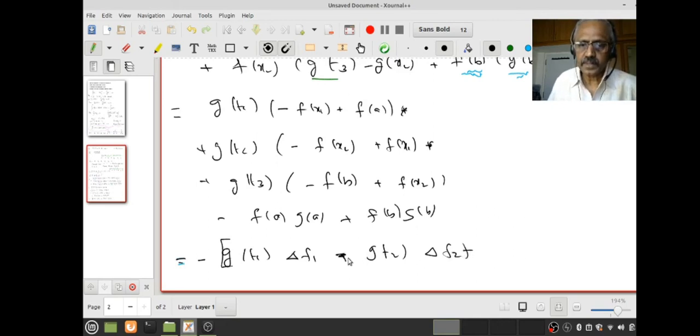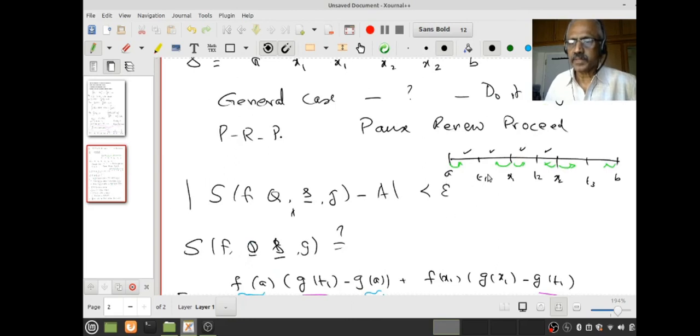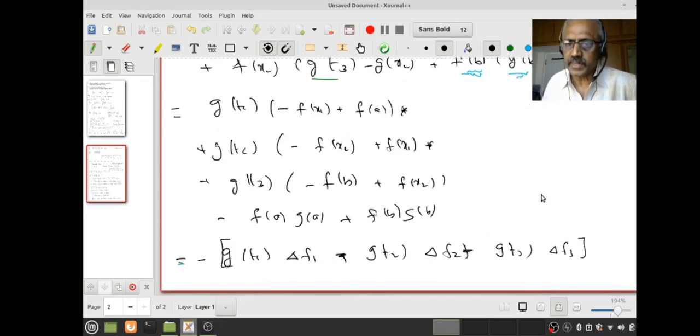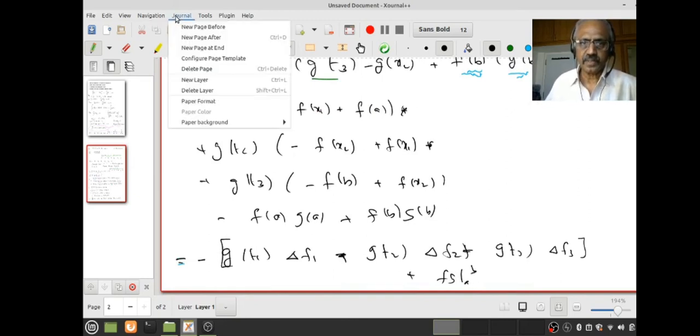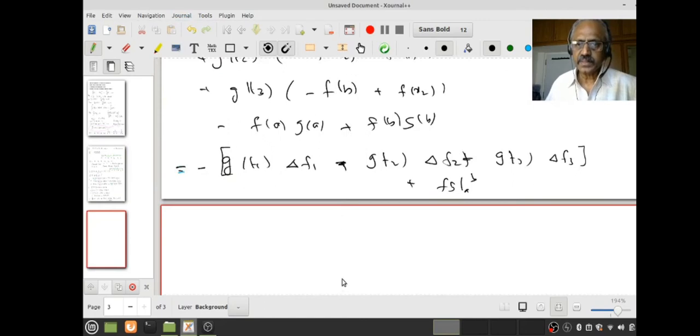Let us put everything plus now, and this is g of t3 into minus of delta f3. Because this should be x1 minus a, and similarly f of x2 minus f of x1 and f of b minus f of x2. Did we get that? You understood that? And plus, let me simply write fg between a and b, so that I can save some pain in writing. So what have we got?